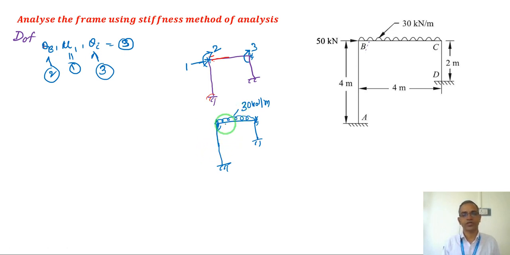So if this is A, B, C and D, MFAB is 0, which equals MFBA.